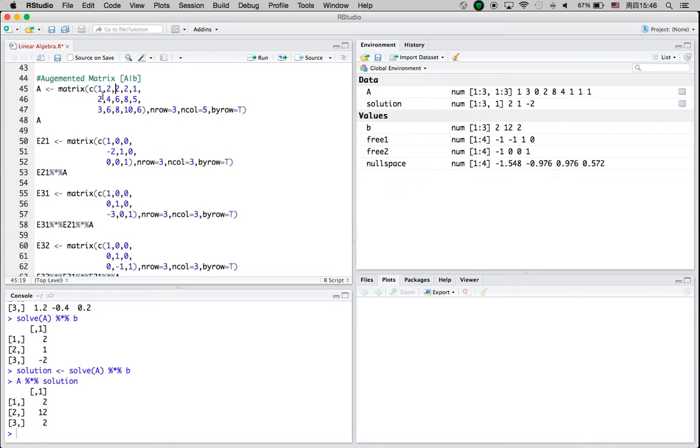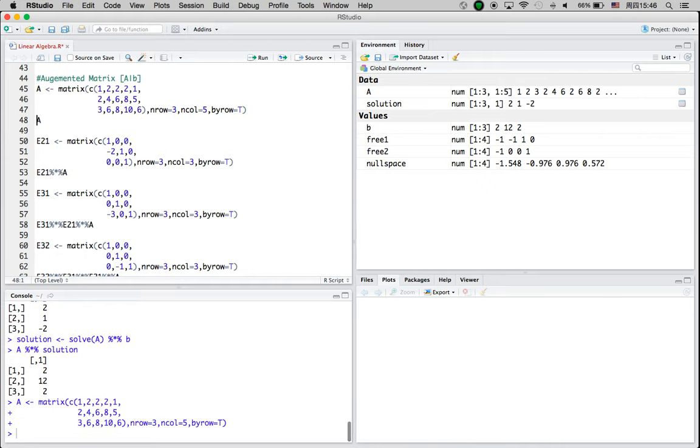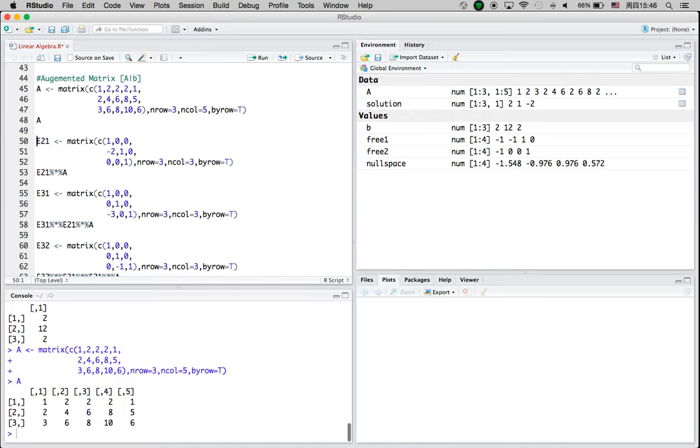And then 2 times x1 plus 4 times x2 plus 6 times x3 plus 8 x4 equal to 5, and so on. So we bring the right hand side of the equal sign also into the matrix. Okay, so now let's create a matrix, that is the matrix A with b as the last column.